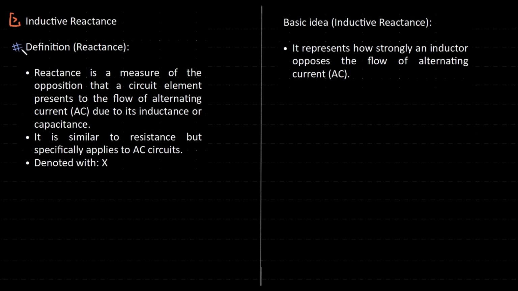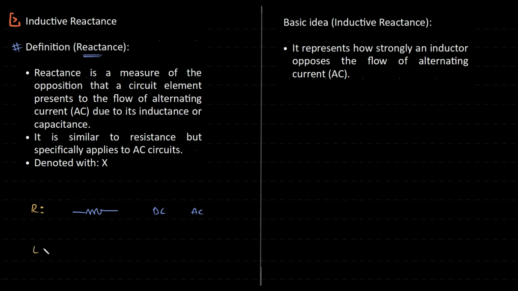Let's look at a new phrase known as inductive reactance. Before understanding the entire phrase, let's take up reactance. When we have a resistor present in AC or DC, it behaves the same.